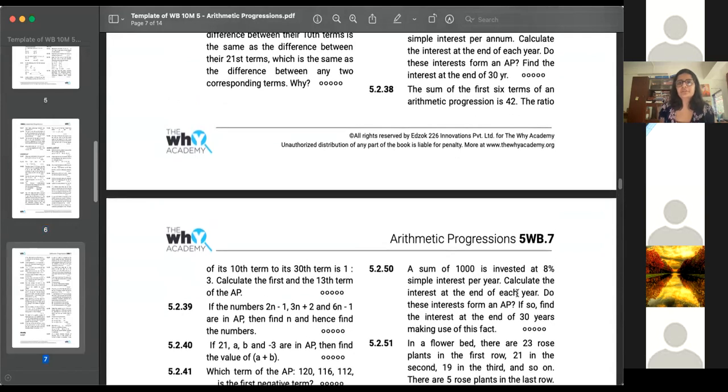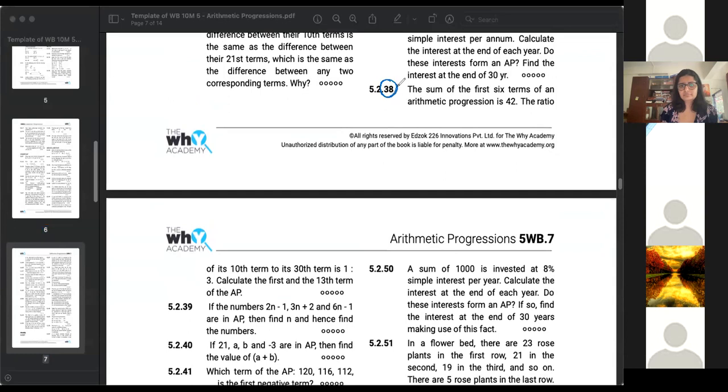Okay. Look at question number 38. Level 2, 38. The sum of first 6 terms of an AP is 42, and the ratio of 10th to 30th terms is 1:3. So basically find A and find A13.